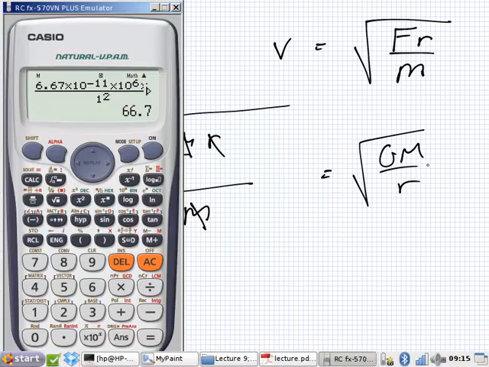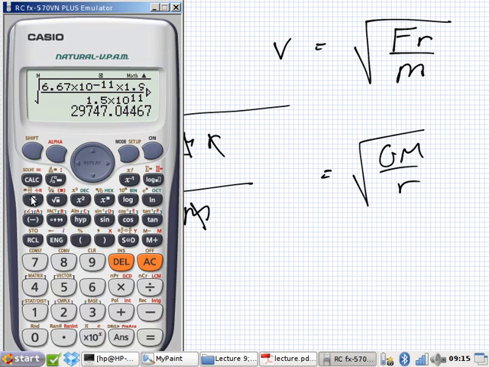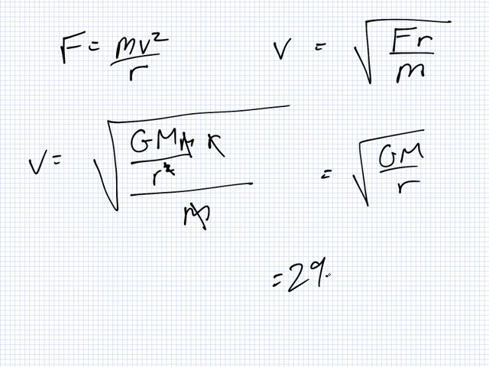I think I gave you all the information here. 6.67 times 10 to the power of minus 11 times... 29.74 kilometers per second.